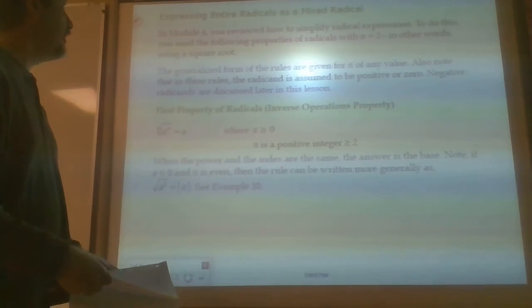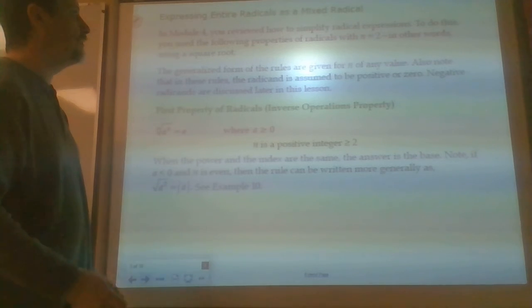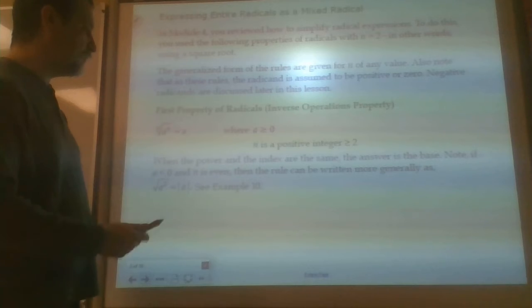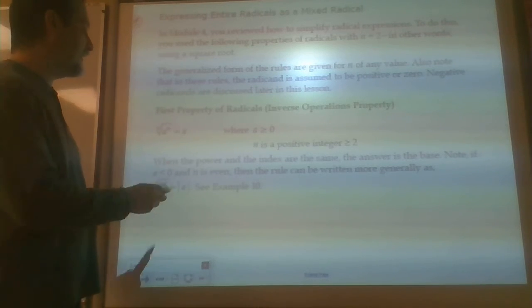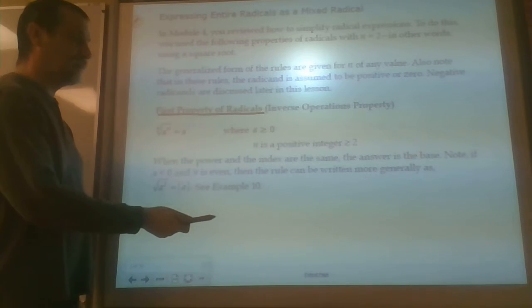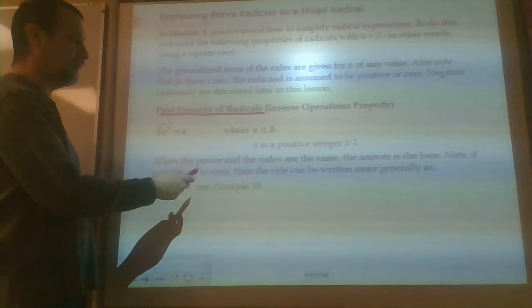The one thing I didn't really stretch too hard in grade 10 math is the properties of radicals. One we're going to come back to is the first property in our booklet, the inverse operations property, where you have an index of n, a to the power of n.